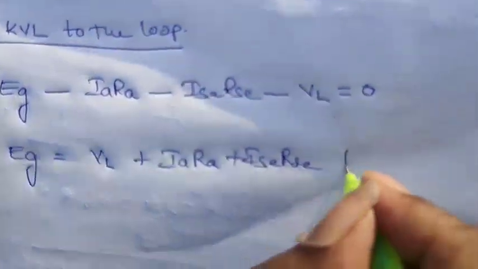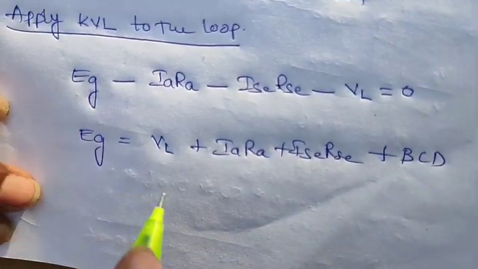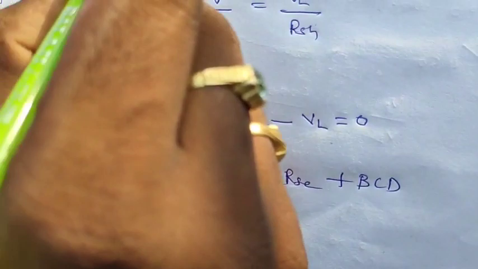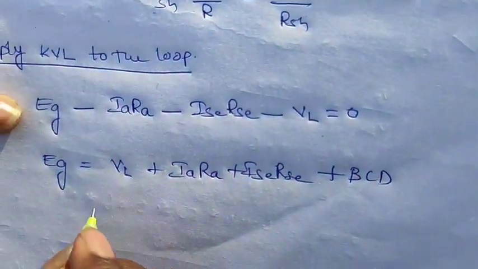In case we have brush contact drop, BCD, from that, IA equals ISC.